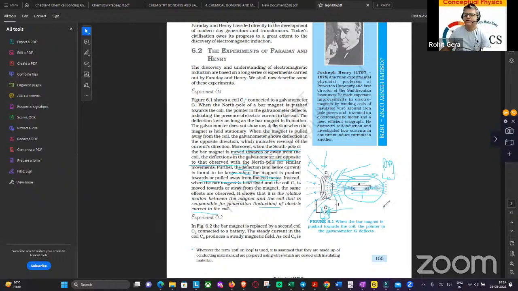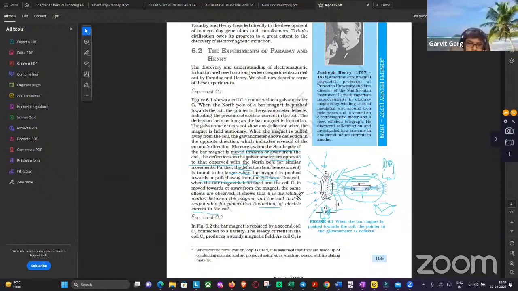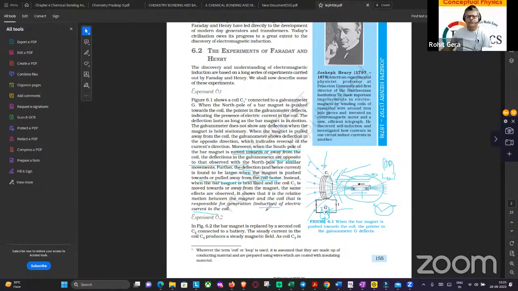The galvanometer will show deflection. If it was showing deflection in this direction, it will show deflection in this direction, which means a reversal of the current direction, which is an induced current.